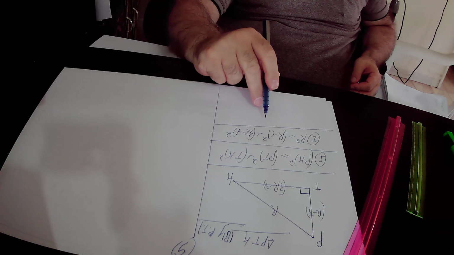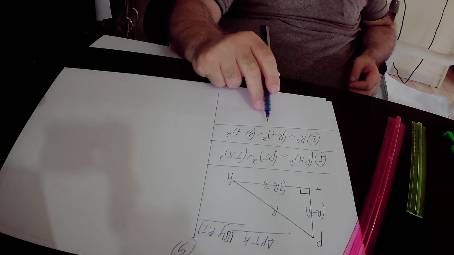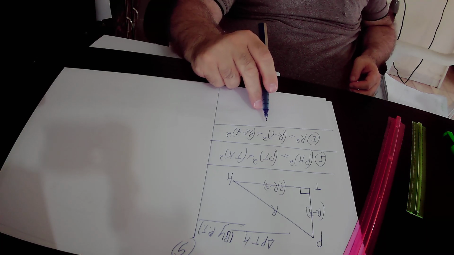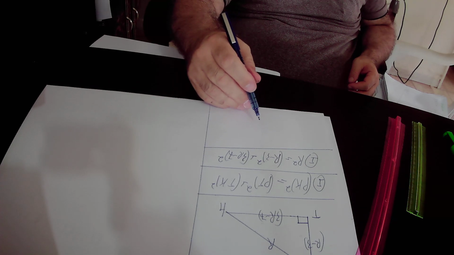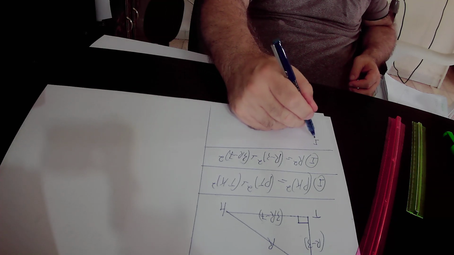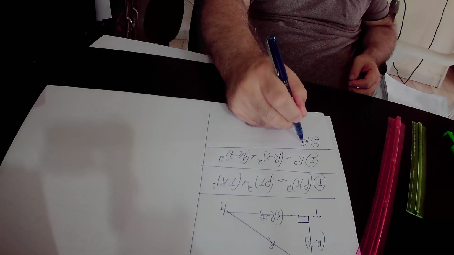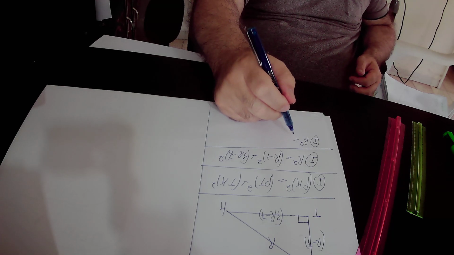Here we will open the brackets on this side of equation number 1. According to equation number 1, R squared equals (R minus 3) squared.